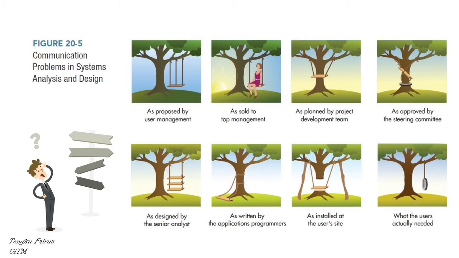For example, the first picture on the top left is as proposed by the users' management. Then the next one as sold to the top management, as planned by the project development team, as approved by the steering committee.